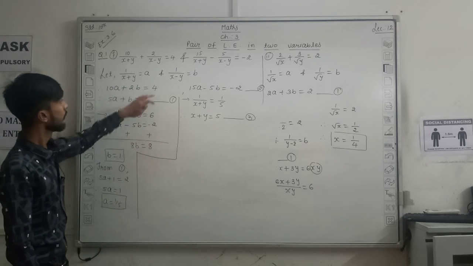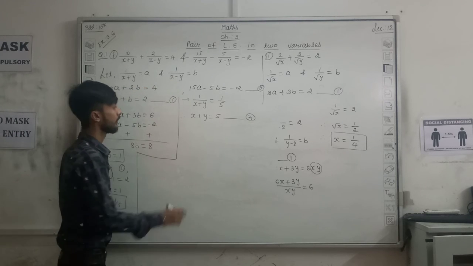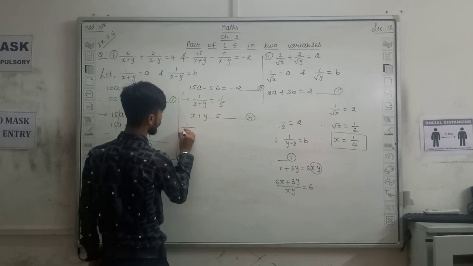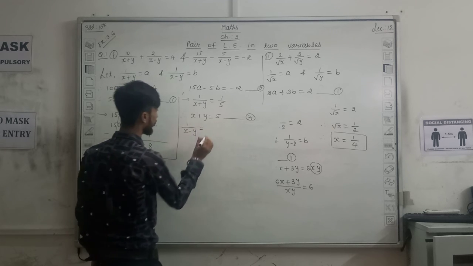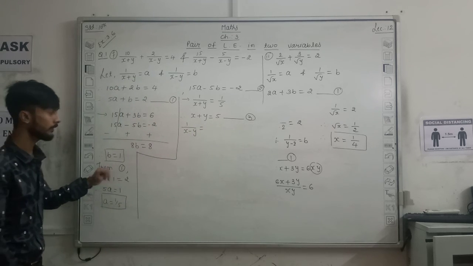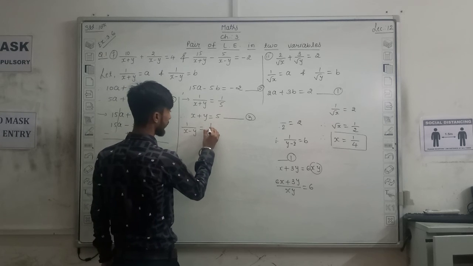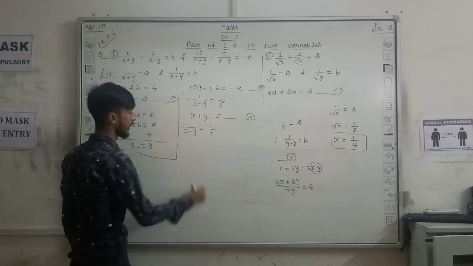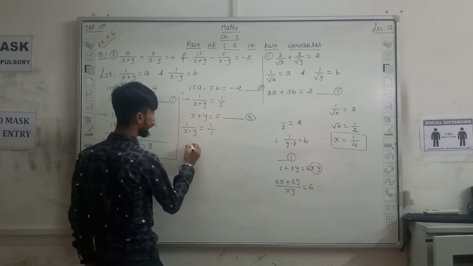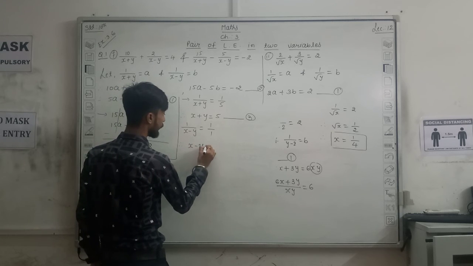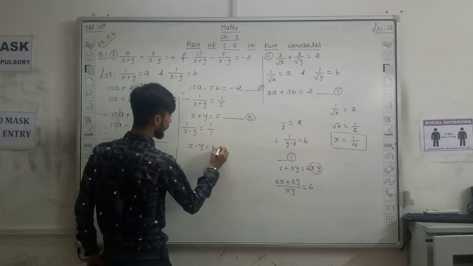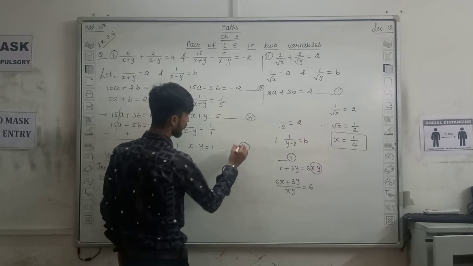Now 1 upon x minus y is b. So 1 upon x minus y, what is b? b is 1. So we can write it as 1 upon 1 also, and therefore our fourth equation will be x minus y equals 1. Okay.